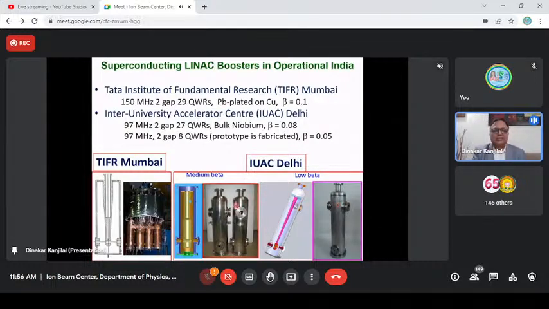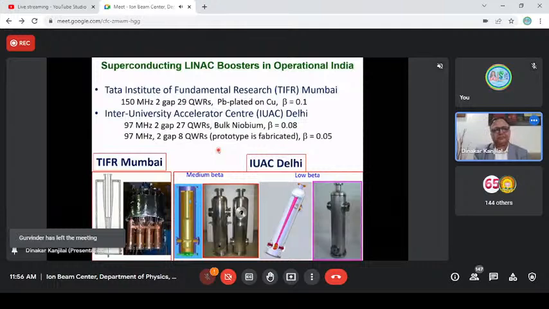So these are the resonators. TIFR went for lead; we went for niobium. And today, in this 21st century, all the future accelerators are being planned with niobium. Lead is discarded permanently, because niobium gives much more field, so over the same distance you can get much more energy.